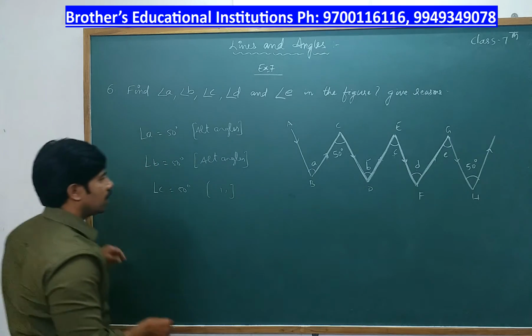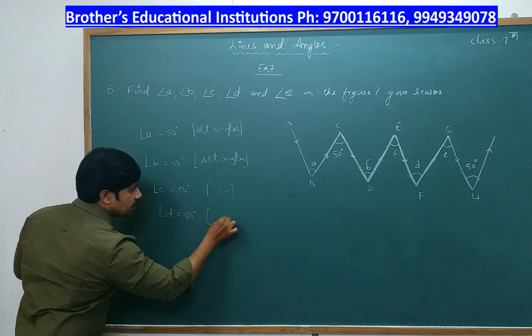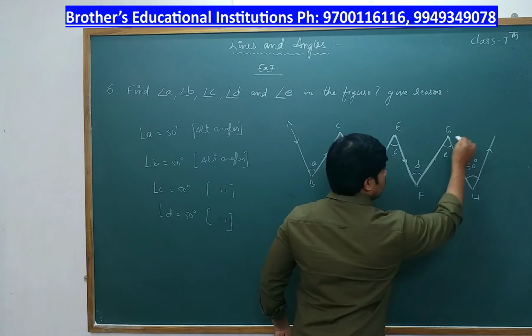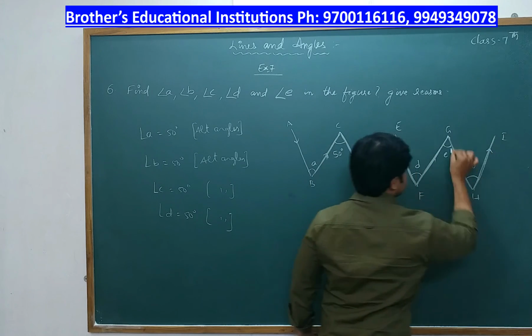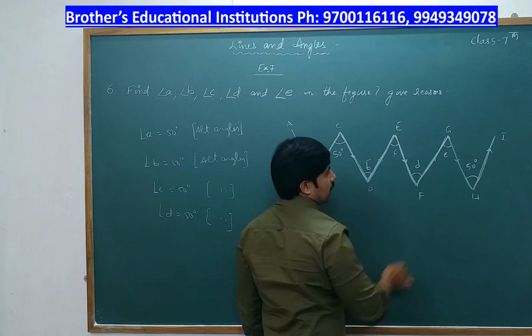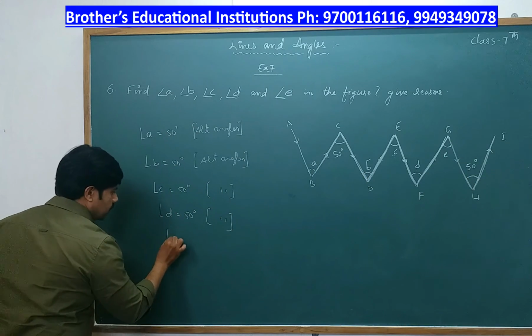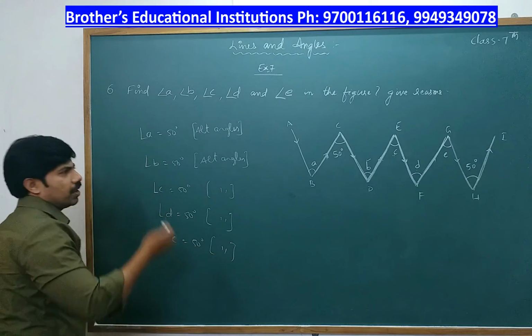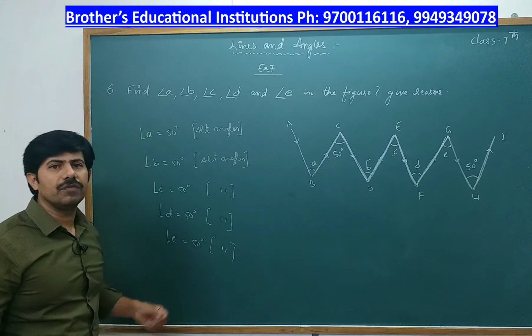So angle D is also 50 degrees. The reason is alternate angles. Here the lines IH and GF are parallel lines. So E is equal to 50 degrees, they are alternate angles. So all are alternate angles and they are equal. So all the angles are equal to 50 degrees.